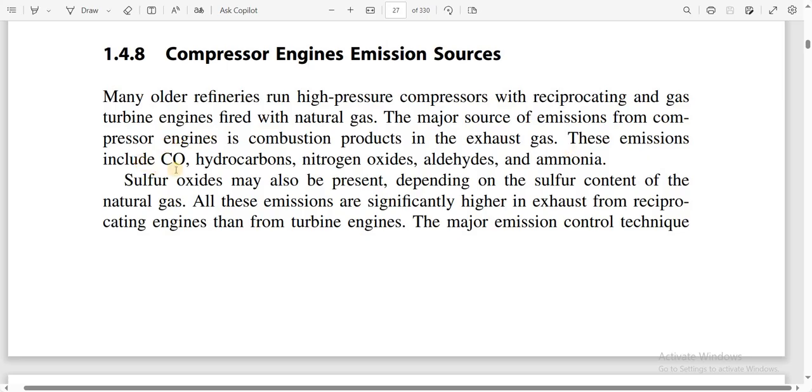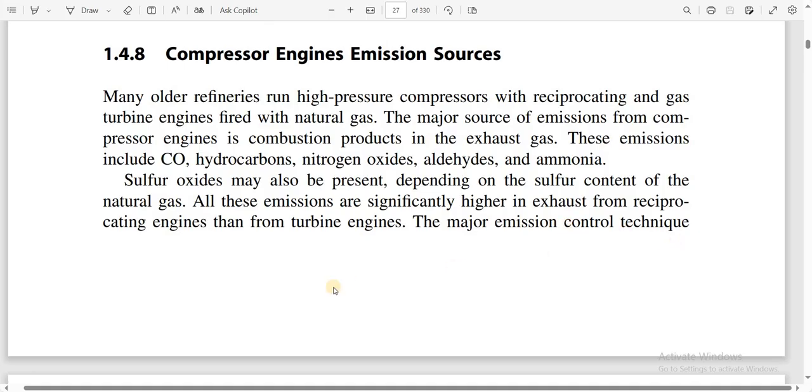These emissions include carbon monoxide, hydrocarbons, nitrogen oxide, aldehydes, and ammonia. Sulfur oxide may also be present depending on the sulfur content of the natural gas. All these emissions are significantly higher in exhaust from reciprocating engines than from turbine engines.